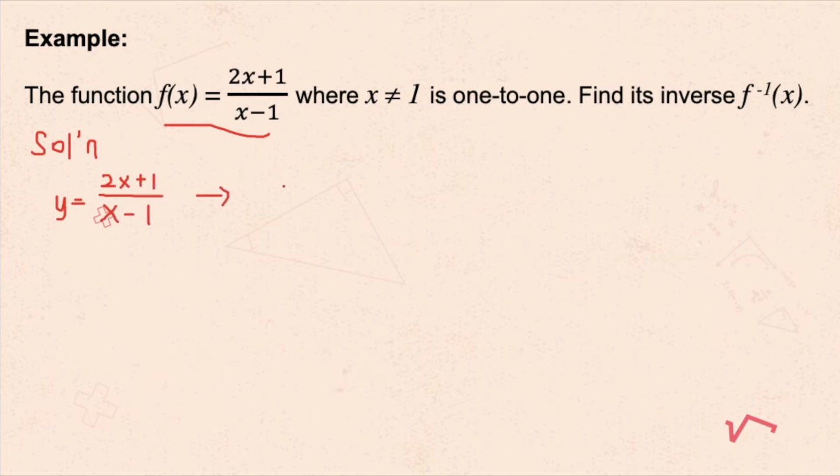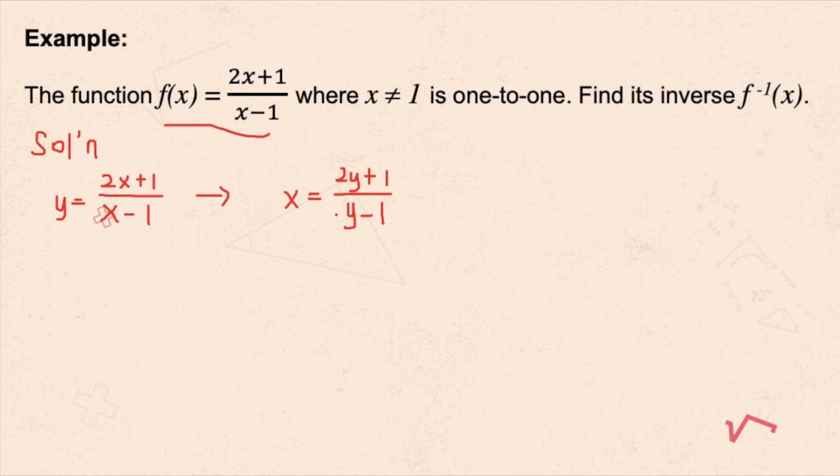The first step in identifying the inverse function is to change x to y, y to x. So the x becomes y, and the y becomes x. With this given, this will be x equals 2y plus 1 all over y minus 1. After changing x to y, y to x, you have to solve now the equation in terms of y.